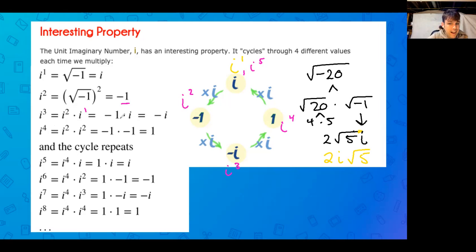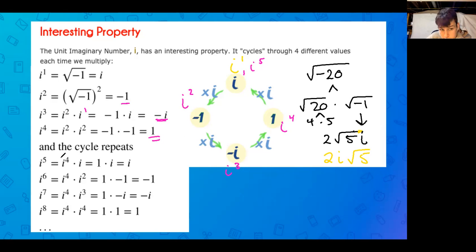We just saw how i squared was -1, and i to the first is just i. If you multiply -1 times i, you end up with just -i. That's great. We reduce the power of it, it's a little easier to work with. And i to the fourth is even nicer, because i to the fourth can be written as i squared times i squared, which is -1 times -1, or +1.